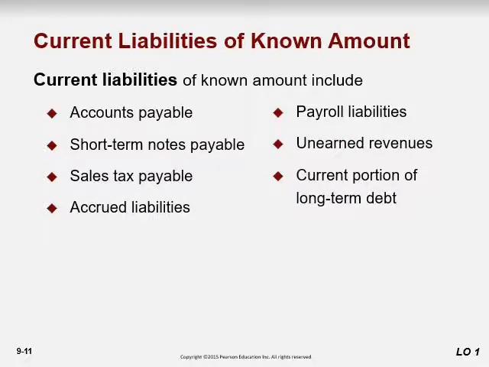The current liabilities with known amounts are accounts payable, how much you have to pay to the supplier, how much you have to pay in terms of notes payable, how much you have to pay for tax, accrued liabilities, payrolls, which means the wages, salaries, unearned revenue, and current portion of long-term debt, right?